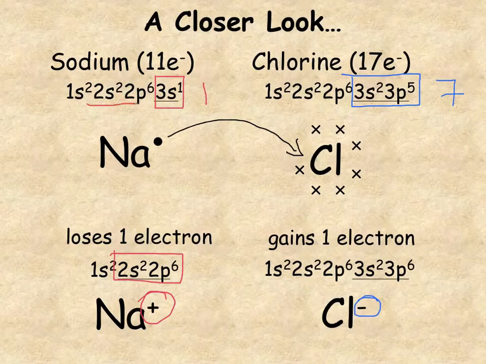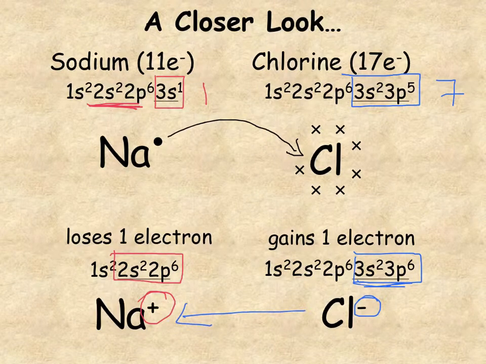Notice that this one over here was already full, and now our new octet here is full because I've acquired 1 electron from the sodium atom. So now this octet is full, and therefore these two will get together and form a chemical bond from the electrostatic attraction forces, right?